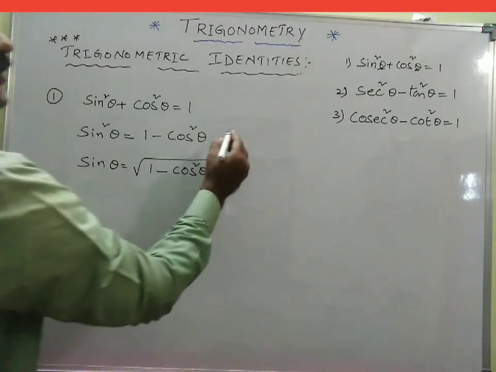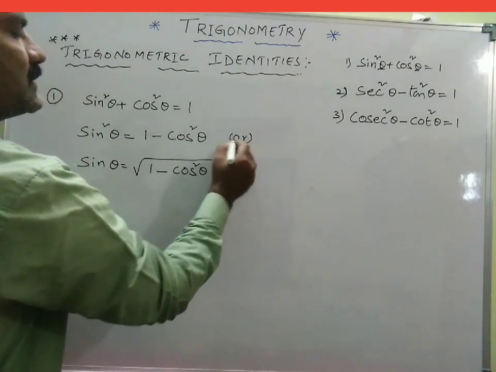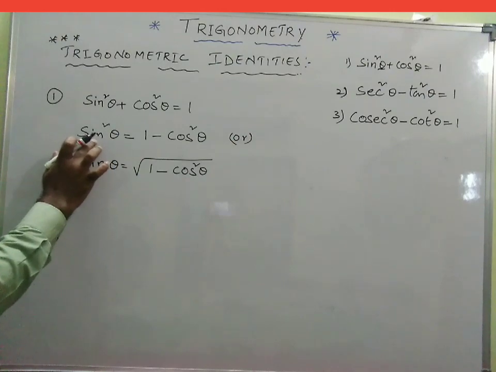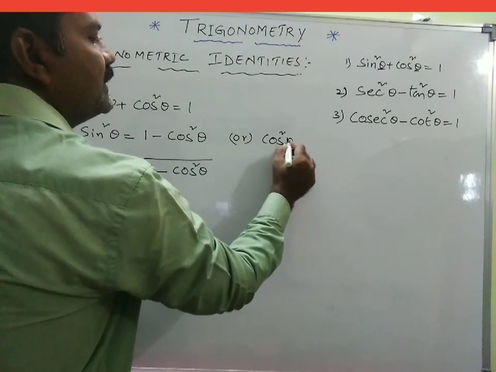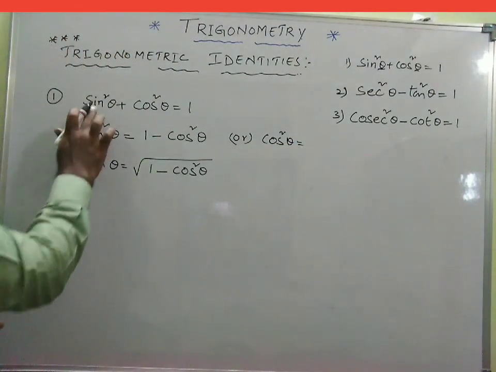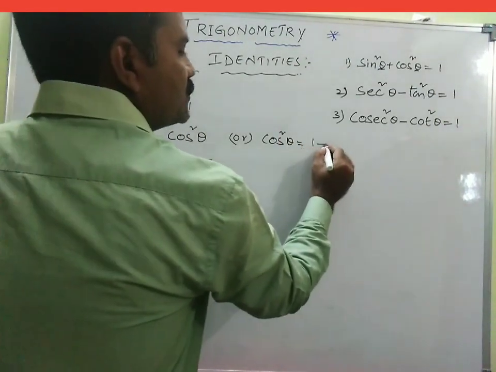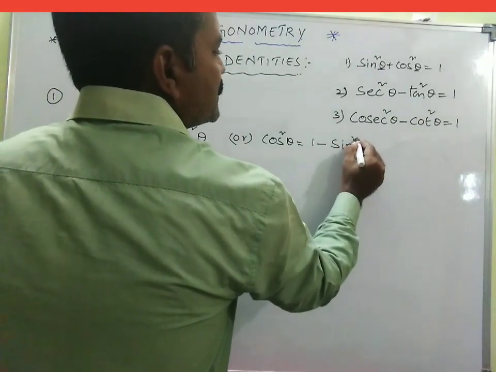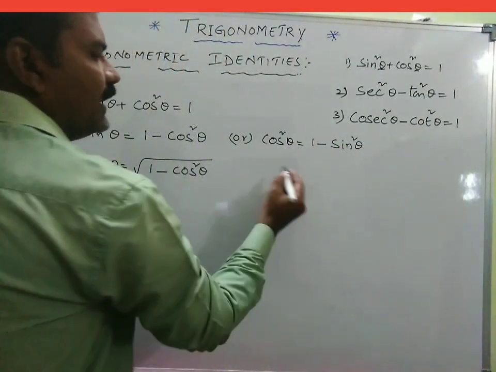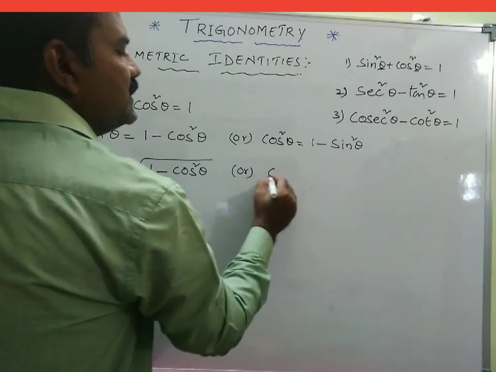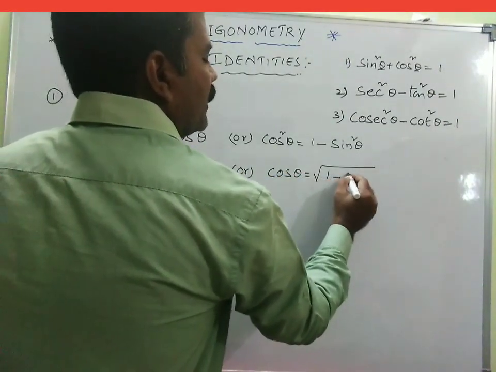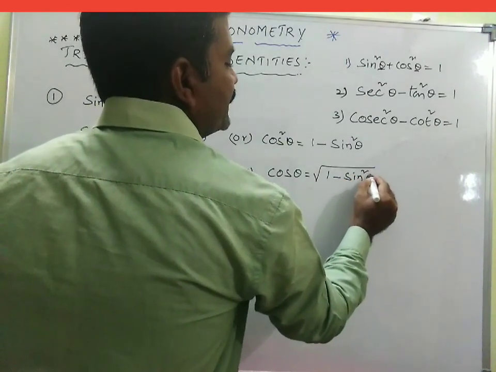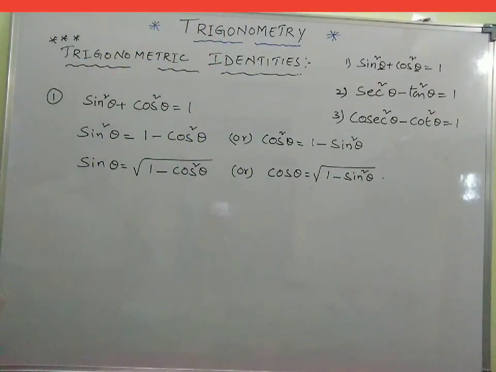Or otherwise, instead of making sin square theta the subject, I can also write that cos square theta is equal to 1 minus sin square theta. And from this, cos theta is equal to square root of 1 minus sin square theta. So every line is a formula.